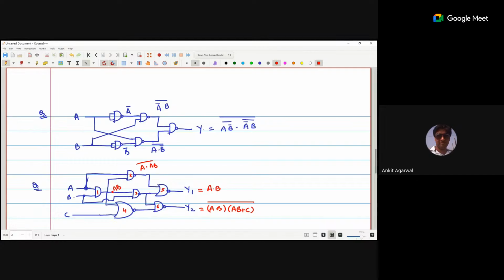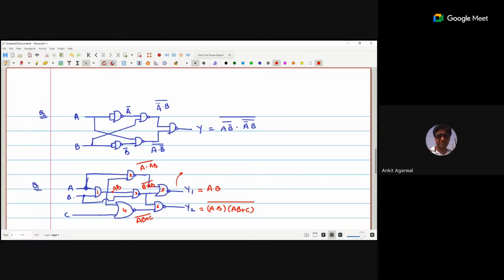Node 3, we are getting B dot AB bar. And point 4, we are getting AB plus C bar. Okay.